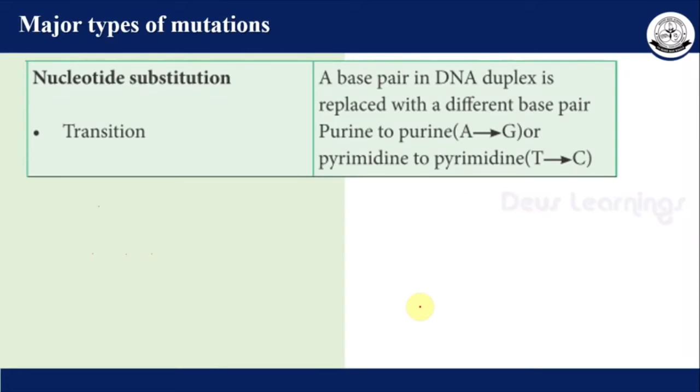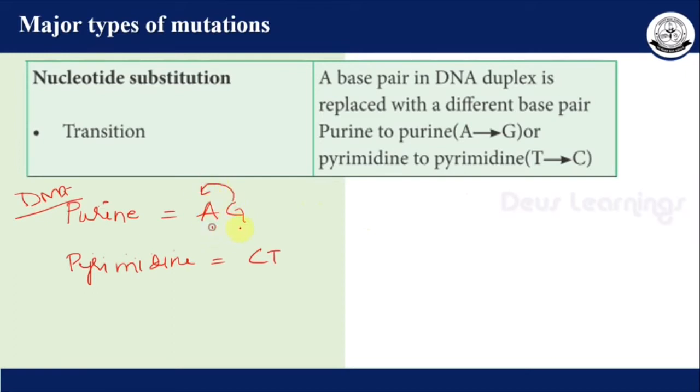As you know, purine is composed of A and G, and pyrimidine is composed of C and T. When we talk about DNA, we are talking about DNA. So if a transition happens, G will be replaced by A or A will be replaced by G, vice versa, or C will be replaced by T or T will be replaced by C. Let's see an example.